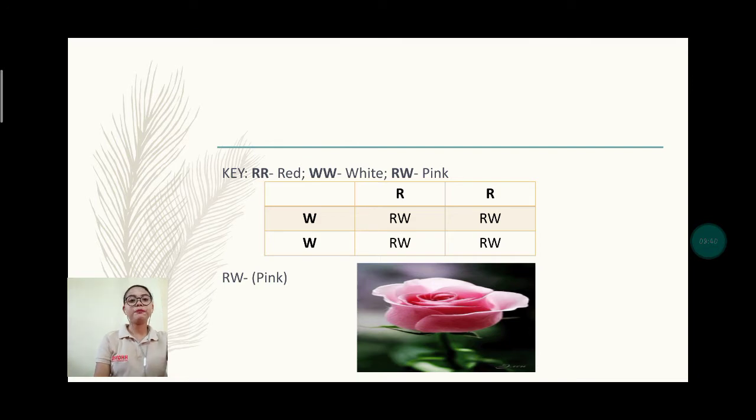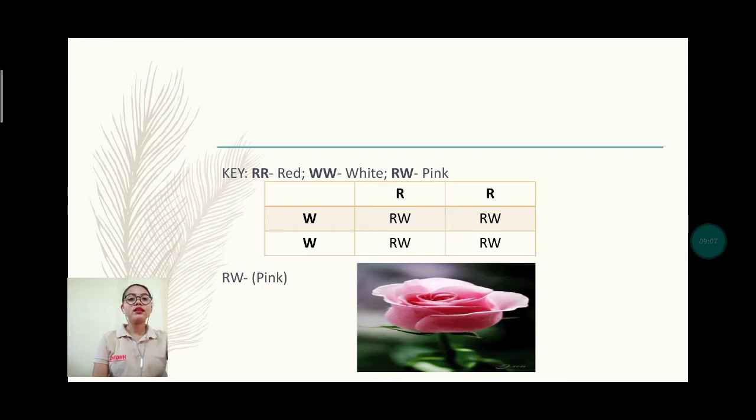cross multiply. So on the upper, we're going to put the key terms on red color, the RR. While on the other side, we're going to put the white color, since the offspring that are going to breed are pure red and pure white.